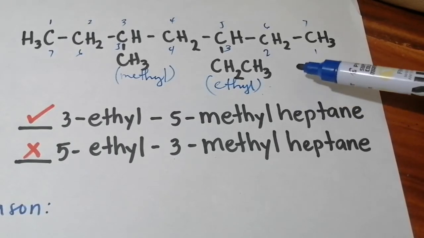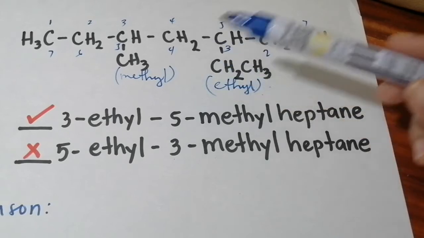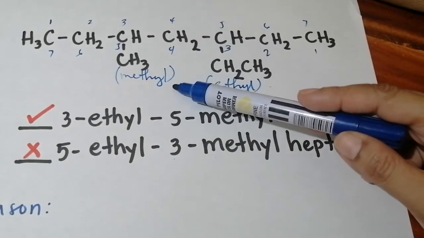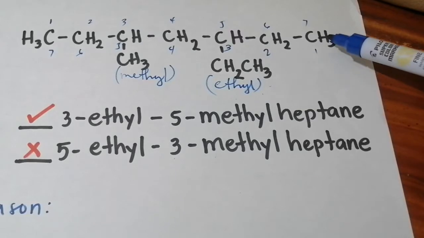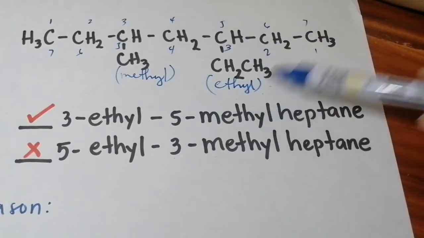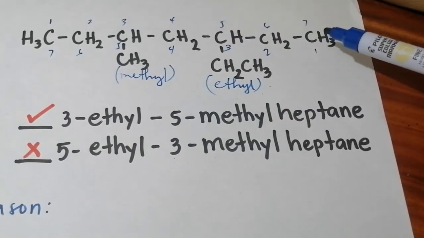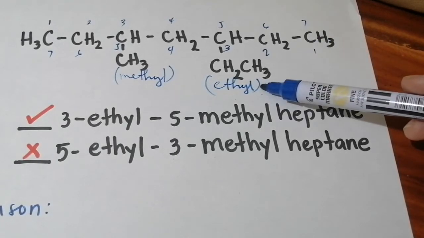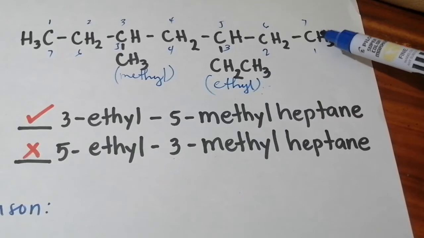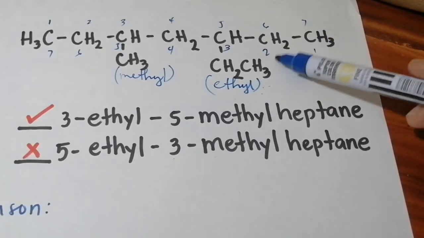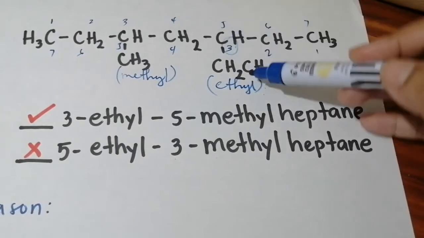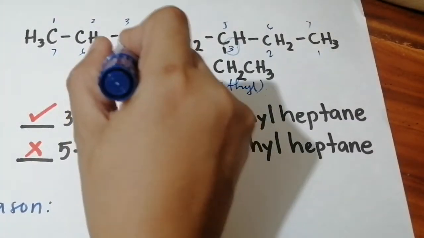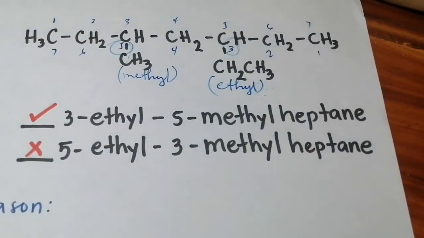So our basis is alphabetical order, and ethyl comes first before methyl. That's why we have to start counting from this side, because this carbon is nearer to ethyl. When we count that, we get 1, 2, 3 ethyl, 4, 5 methyl heptane.